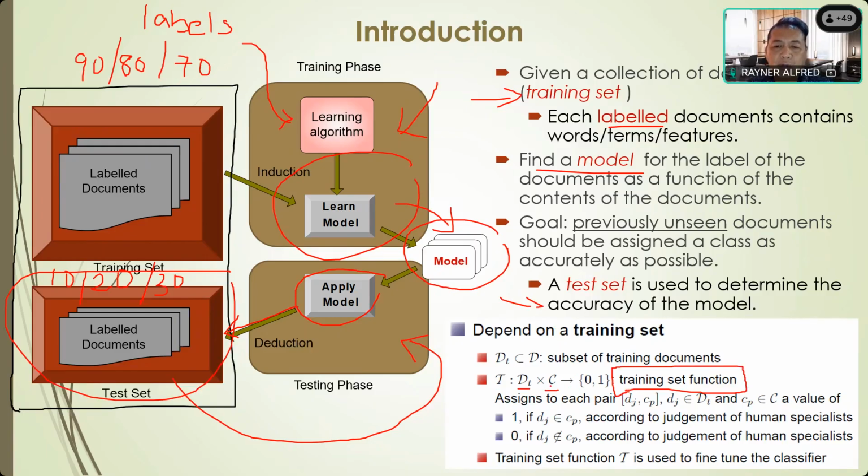If they belong to that class, we will assign 1. If they do not belong to the class, we will assign 0. Okay, so this is the training set function that is used to fine tune your model here.